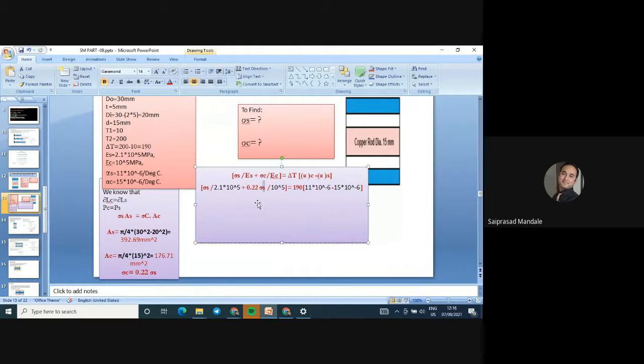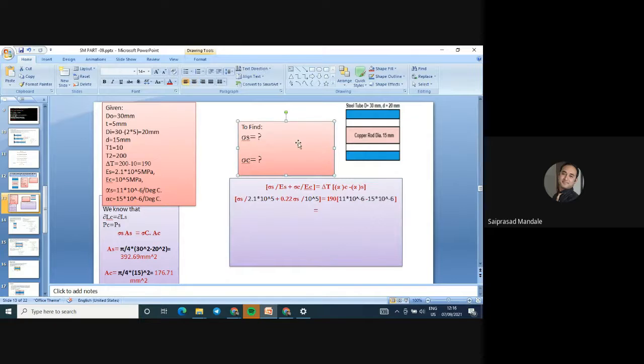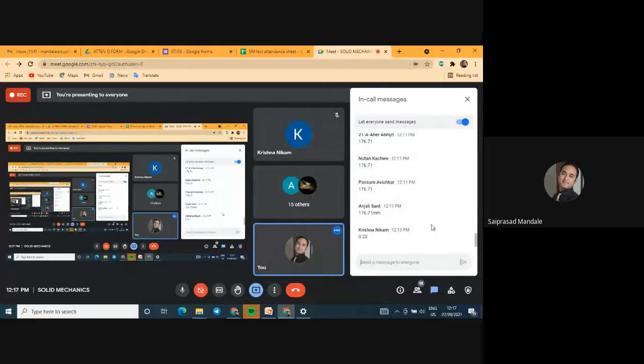You can rearrange and tell me the answer, or just tell me the answer for this much of the equation. Everybody has to do the calculations. Nobody will stay isolated.